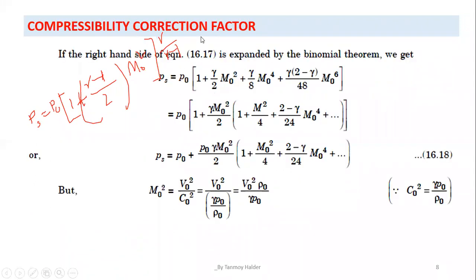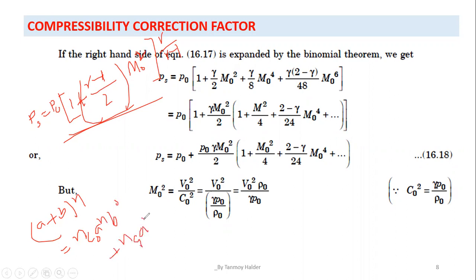See, if I do binomial expansion of this equation, then what will happen? What is the binomial expansion? A plus B whole to the power n is equal to nC0 a to the power n b to the power 0, plus nC1 a to the power n minus 1 into b to the power 1, plus nC2 a to the power n minus 2 into b to the power 2, plus, and that is how it goes on, right?